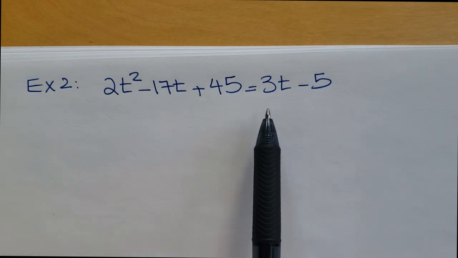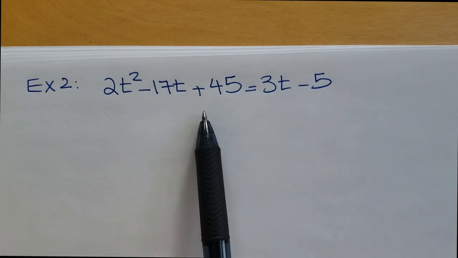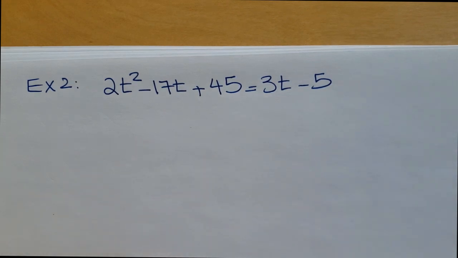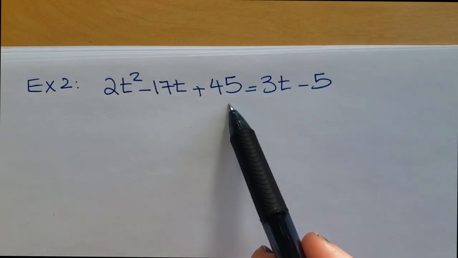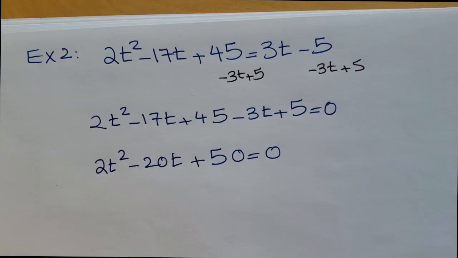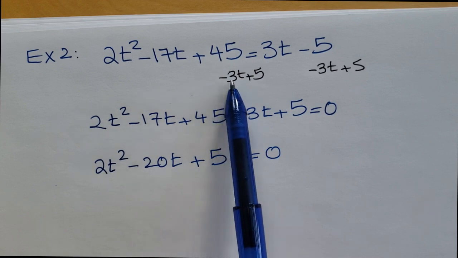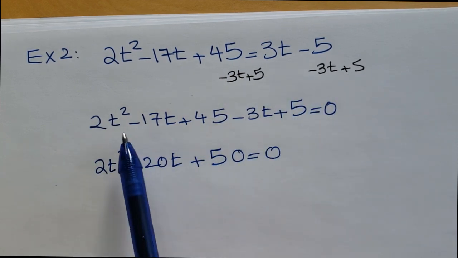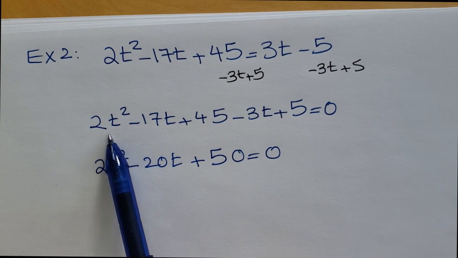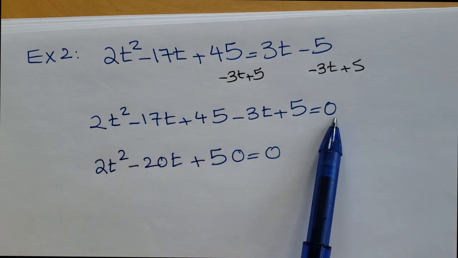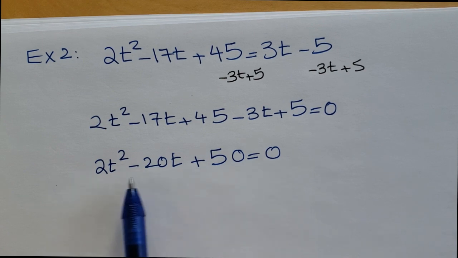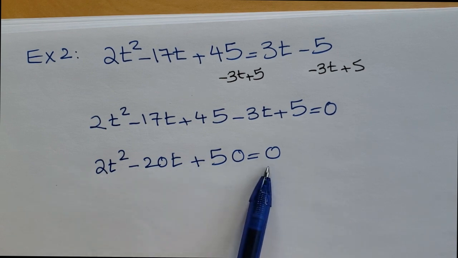In order to bring everything to one side, I have to add negative 3t plus 5 to both sides, and then I end up with this expression. I simplify it, and this is the final answer.